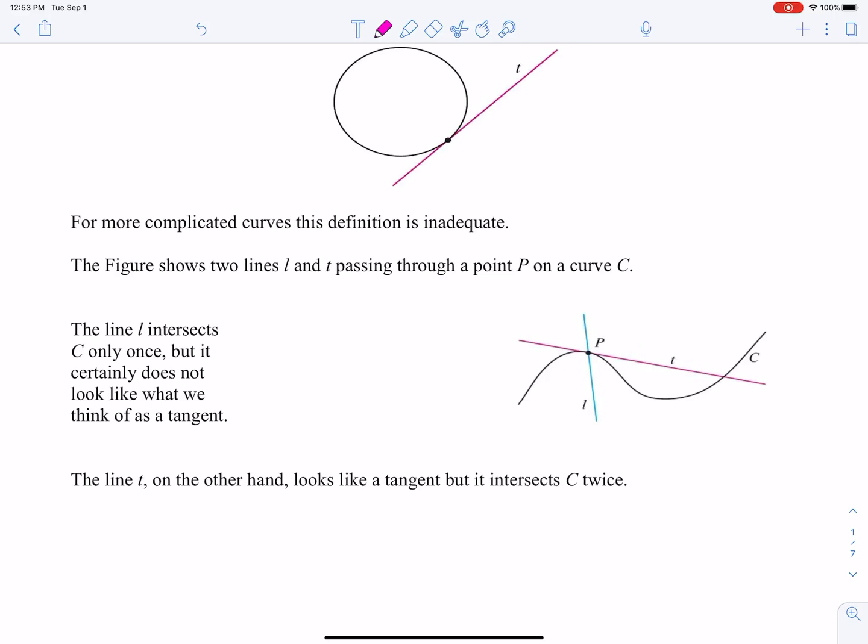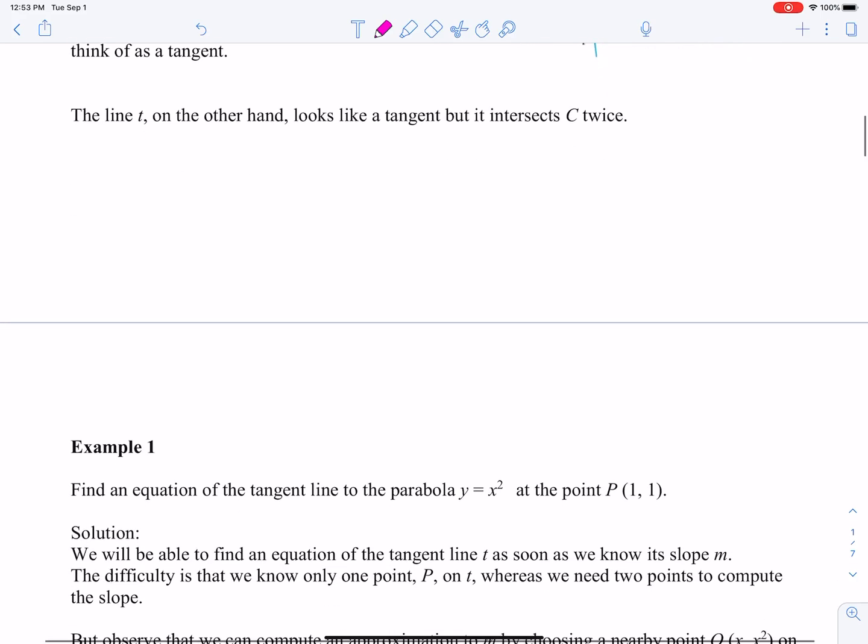Line T, the pink line, looks like what we think of as a tangent line. It glances off the curve C, but the problem is, over here it hits curve C again. So there's a little issue here with the definition of tangent.